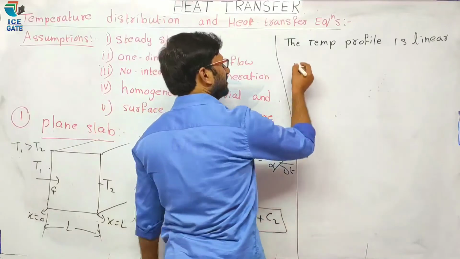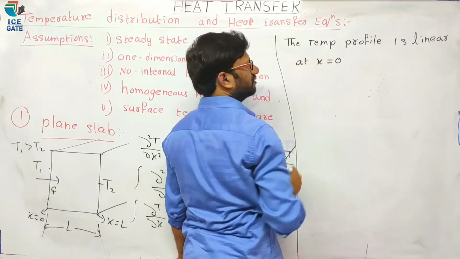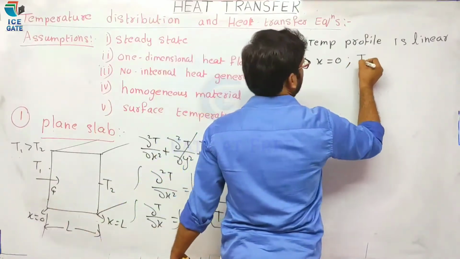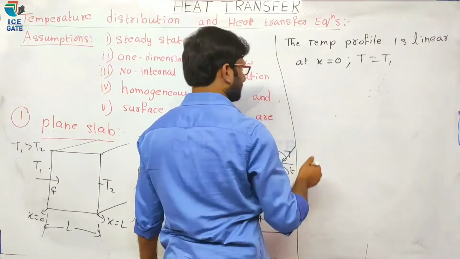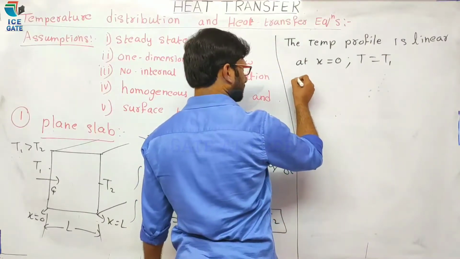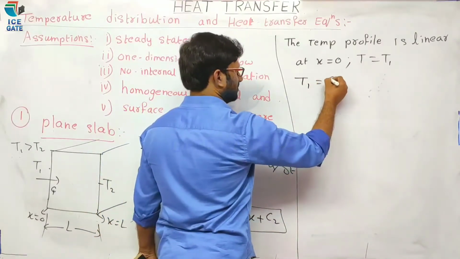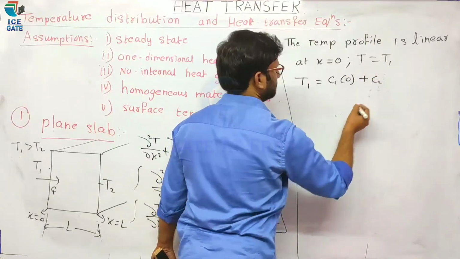Now take boundary conditions. At x is equal to 0, T equal to T1. Now substitute here. T in place of T, T1. C1 in place of x, 0, plus C2.